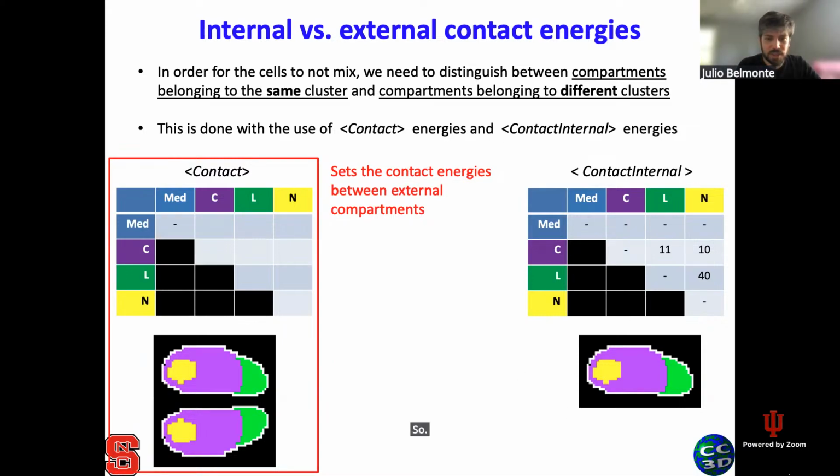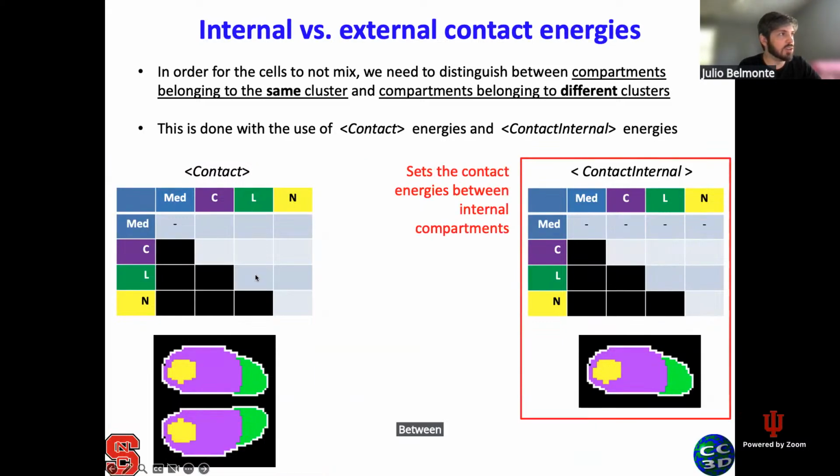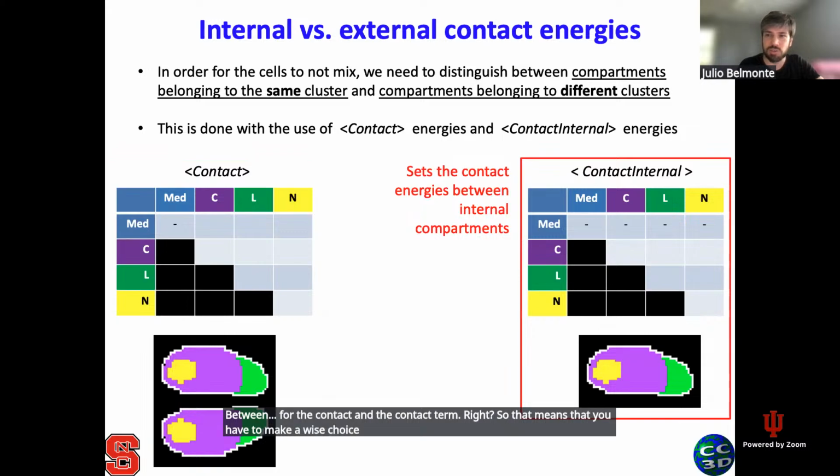So how does it work? This means that you have to set different energies for the contact and the contact internal. That means you have to make a wise choice of which energy to choose. Otherwise, your simulation is going to look very bad.